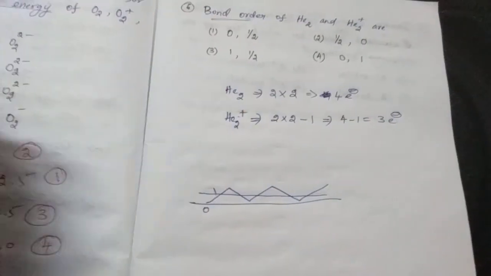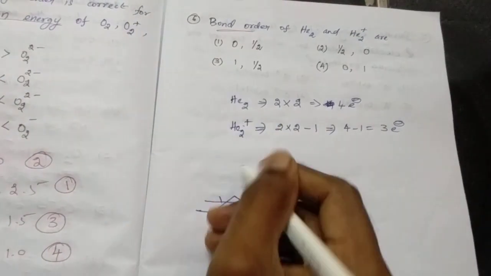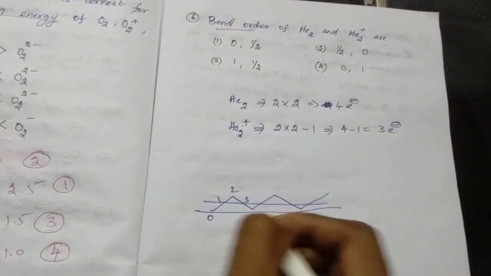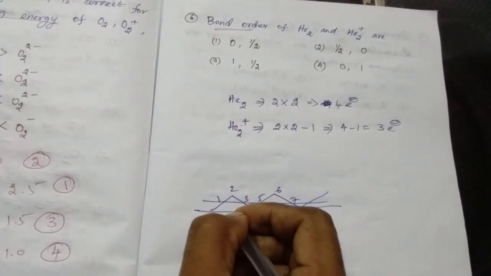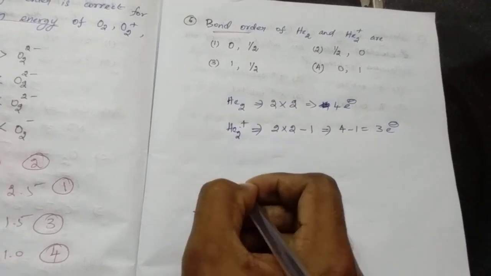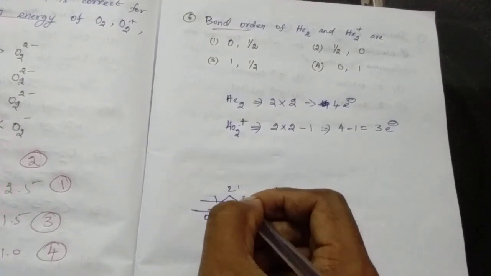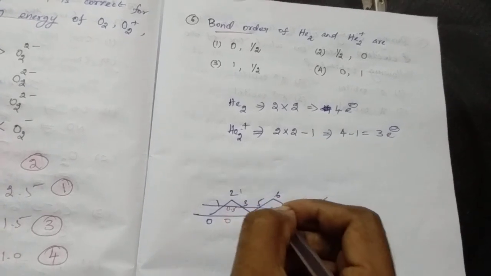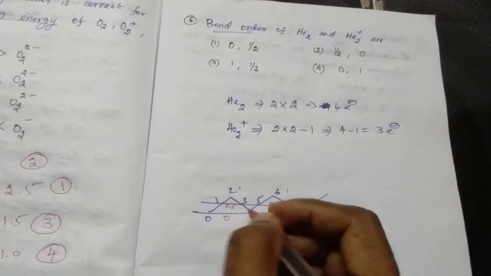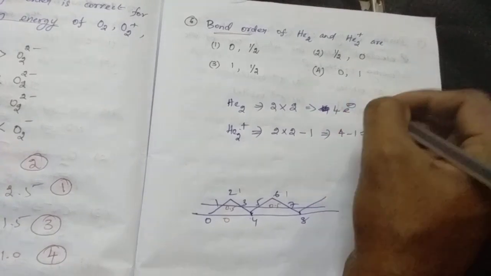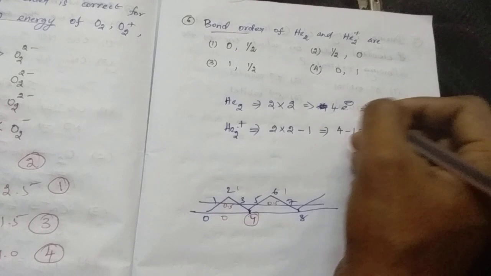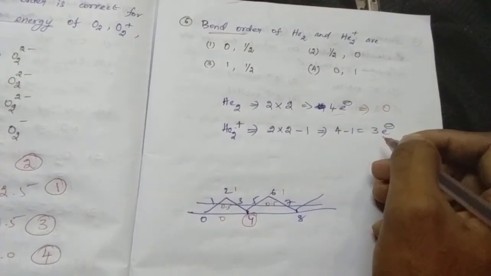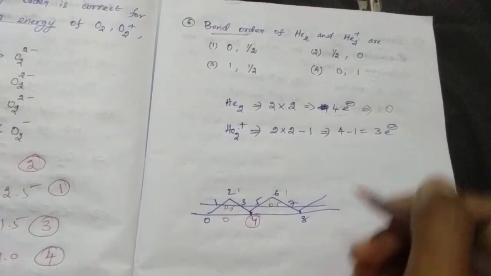For 4 electrons, the bond order is 0. Bond order is 0 for 4 electron systems, molecules or ions.